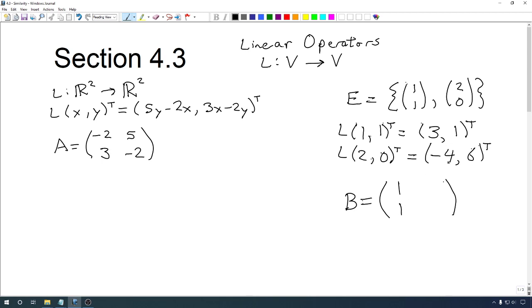Negative 4, 6 is a little bit more complicated, but we can use the fact that we have a 0 here to make it a little easier. This is equal to 6 times this vector, because this one can't change that second component to 6. So we'll have 6 times that.